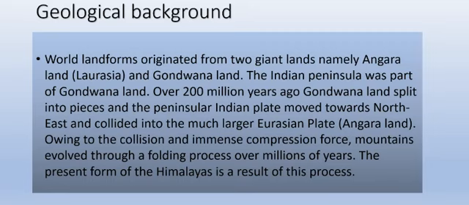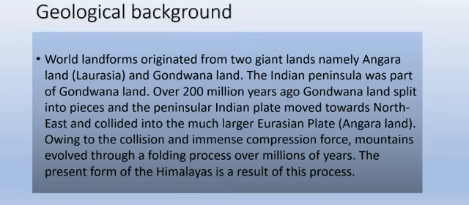So Gondwana land split into pieces, and the peninsular Indian plate moved to the northeast and collided with another plate called the Eurasian plate. Eurasian plate means Angara land, which is another part of the Pangaea.